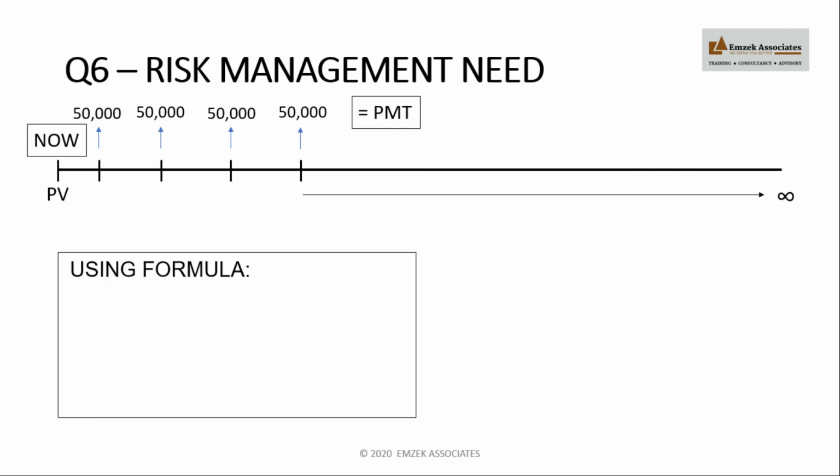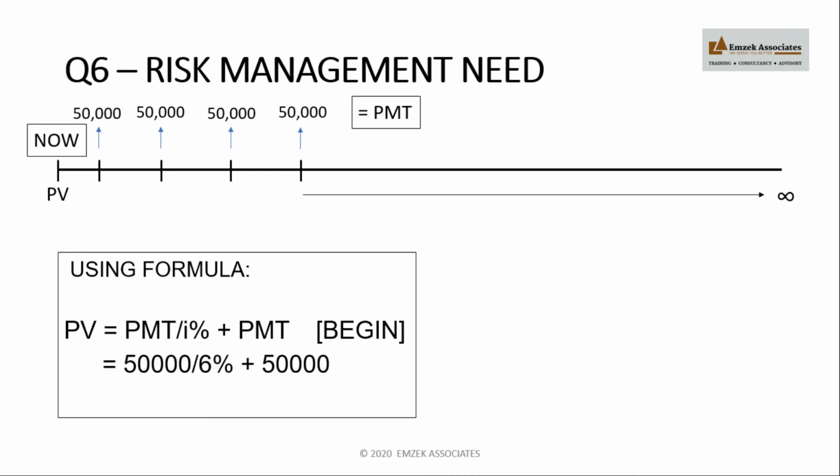We can calculate using two methods. One is using the formula, PV equals PMT divided by I%, with the return of 6% without adjusting for inflation. To make it begin mode, you must add another PMT. PMT is 50,000, divided by I% which is 6%, plus 50,000.